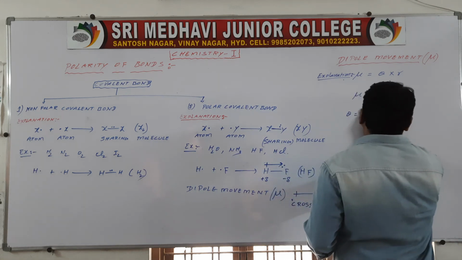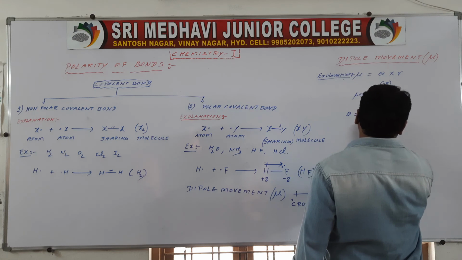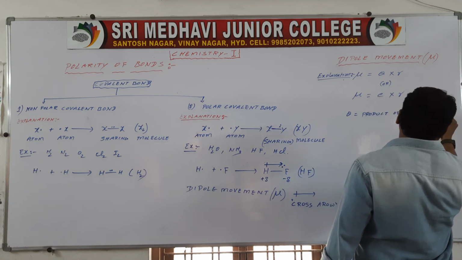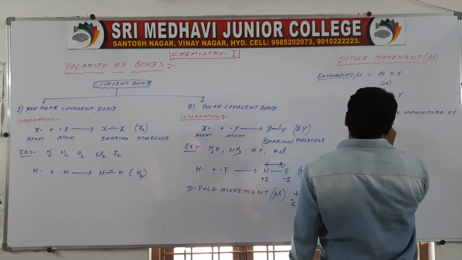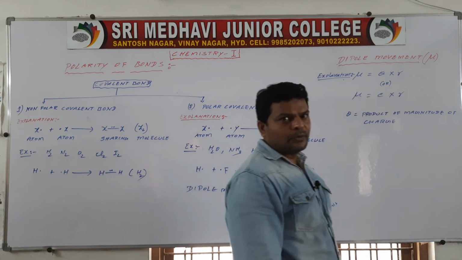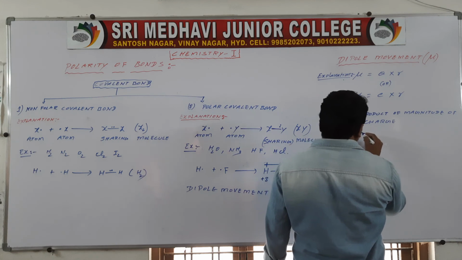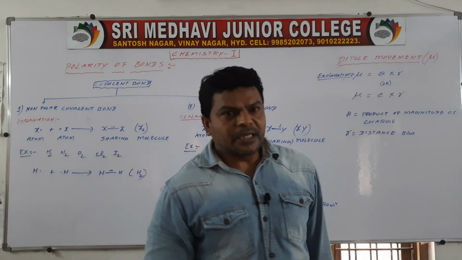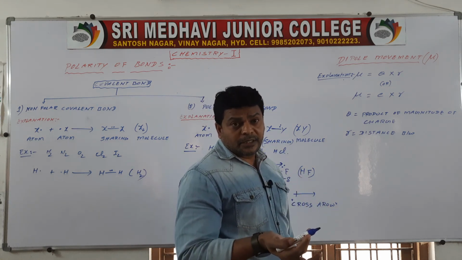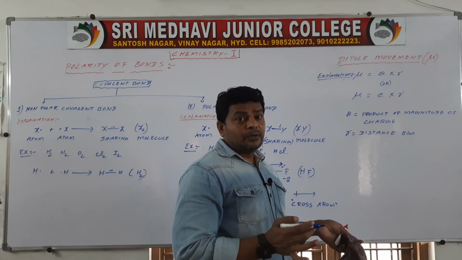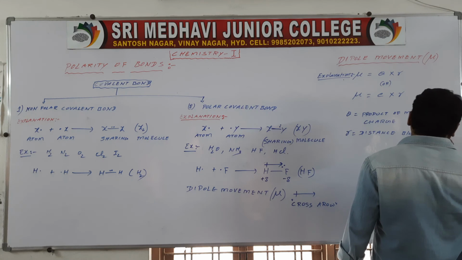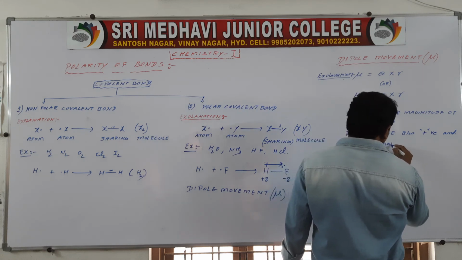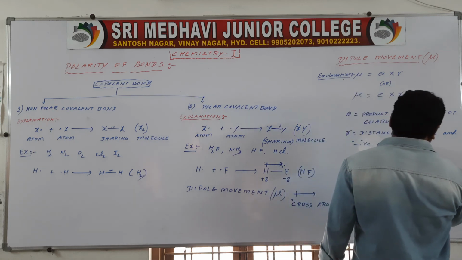Q is the product of the magnitude of a charge, called Q. Next, R is equal to the distance between positive and negative charge ions.